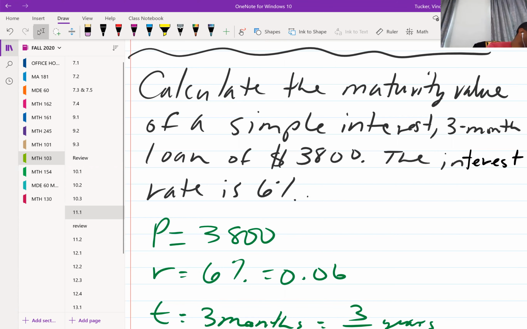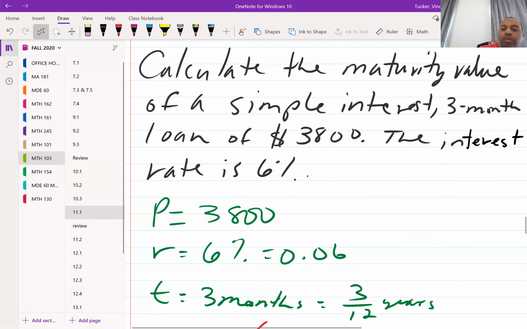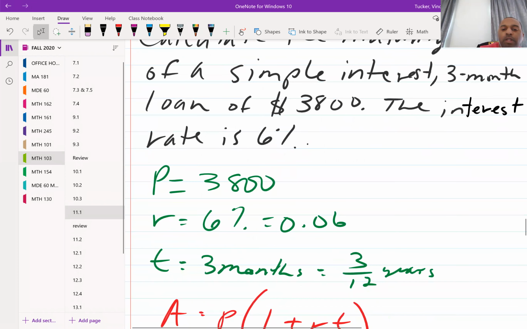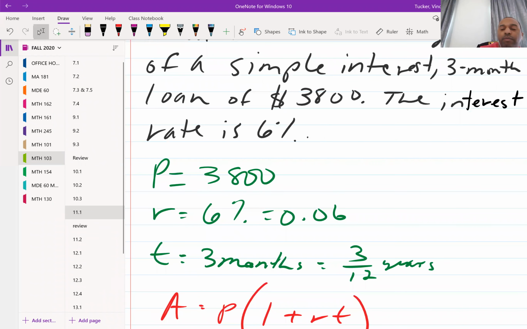I'll give you a chance to write that down. $3,800 is P, 0.06 is R, 3 over 12 because we have 3 months.